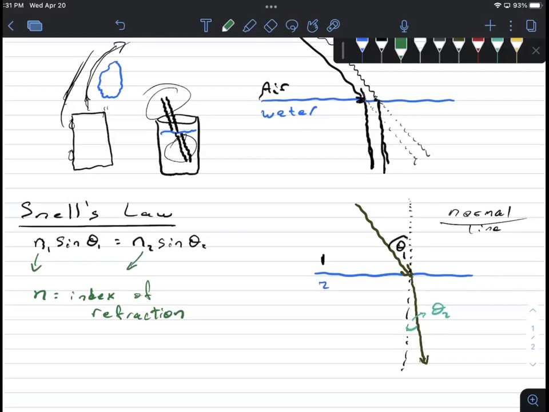Now, what does it mean? Okay, it's not just a random number. It actually means something. It's defined mathematically as the speed of light in a vacuum, 3 × 10⁸, divided by the speed of light in the medium.